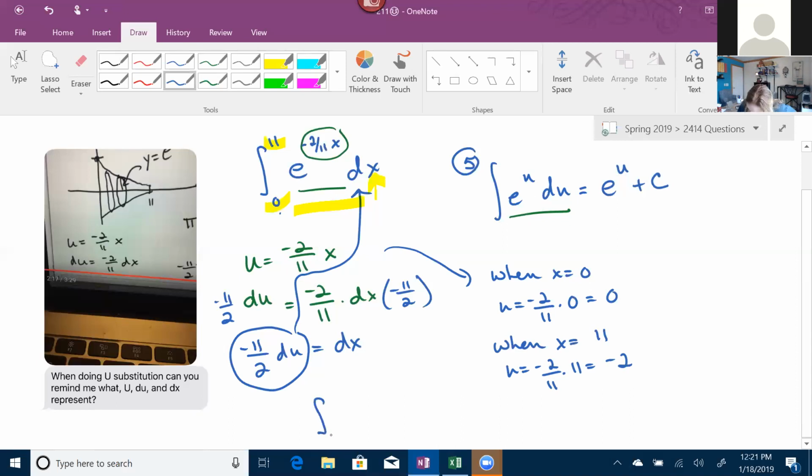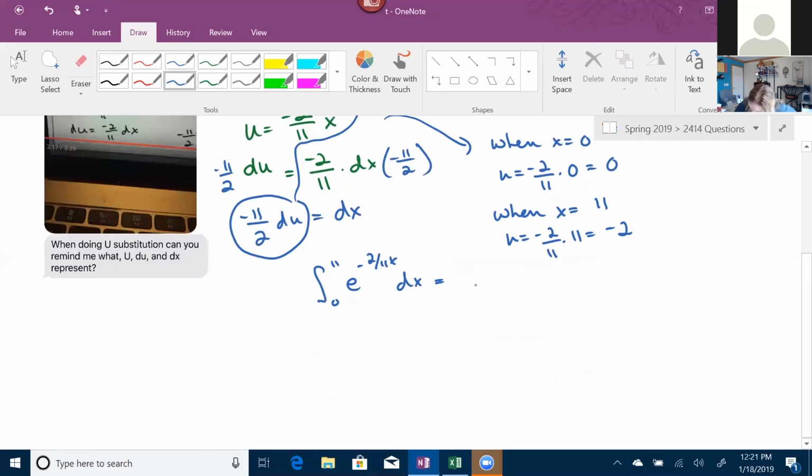So the integral from 0 to 11 of e to the -2/11 x dx is going to become the integral from, now the u, when x was 0, u was also 0. So from 0 to when x was 11, u was -2. And then it was e to the u.